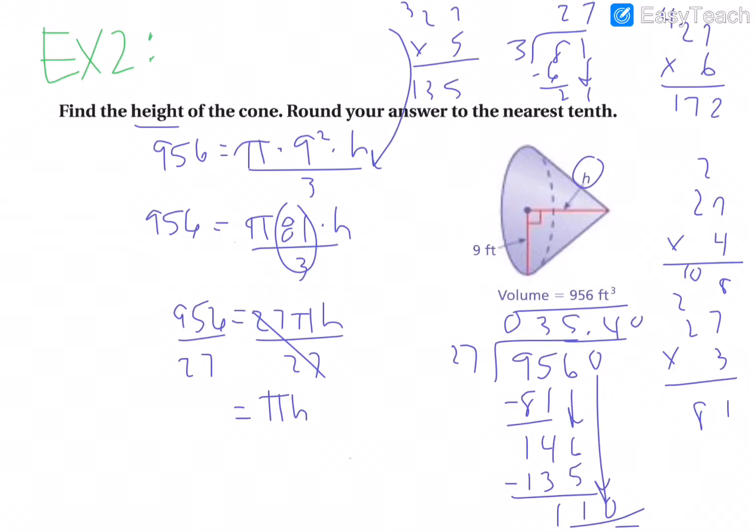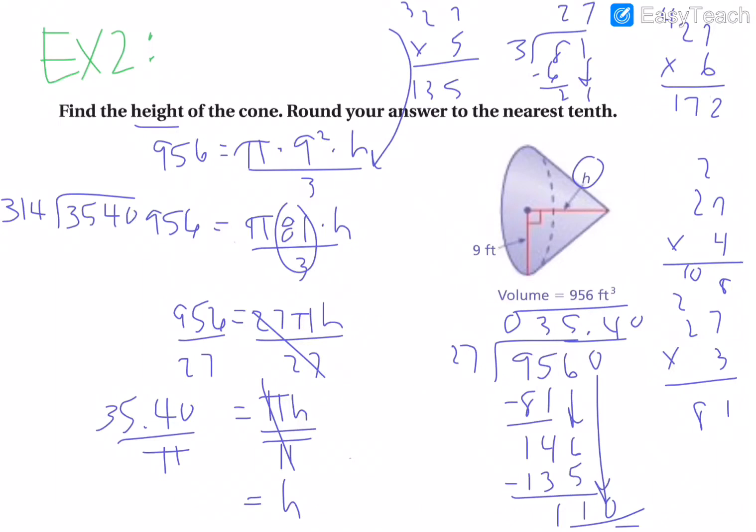Then, if that equals about 35 and 40/100ths, I need to still divide that by pi. So my final answer is going to be, let's see, move the separator over twice.